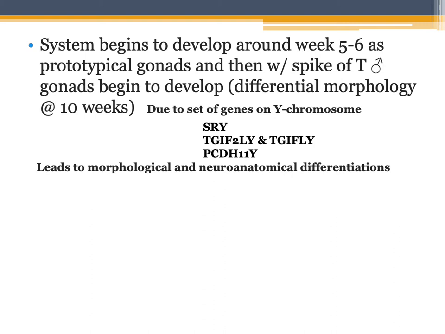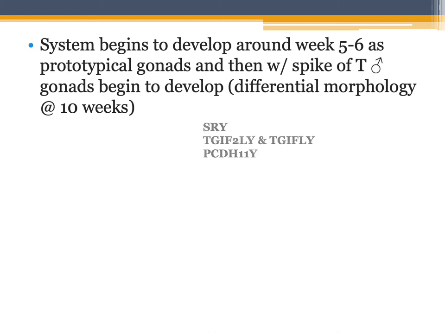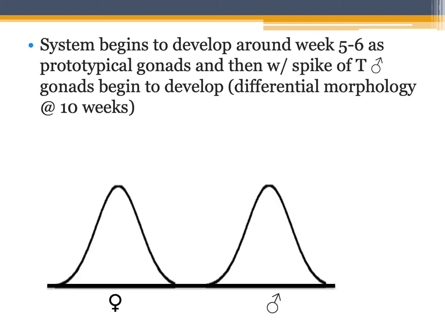Now, some of the thing that comes out from this morphological differentiation that takes place is a societal labeling of genders based off of a separation of two distinct morphologies, a morphology that is either male or a morphology that is either female.